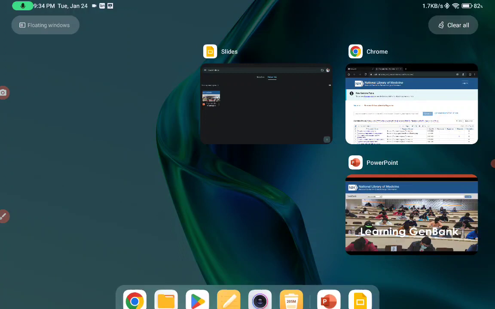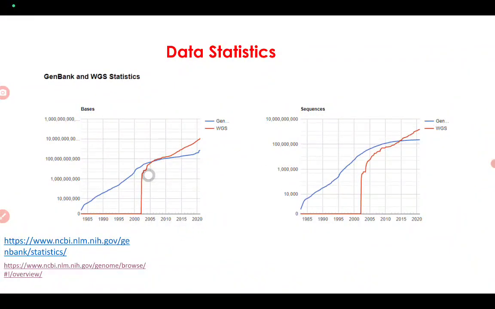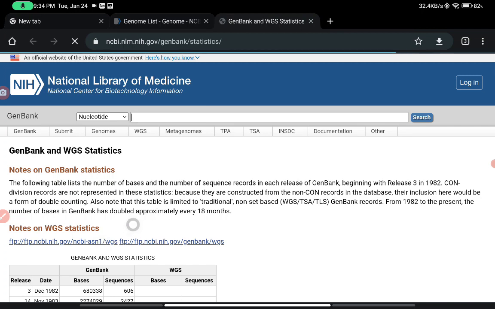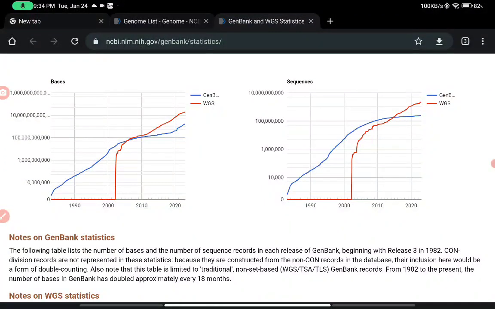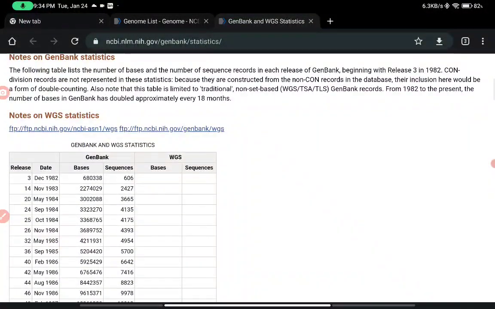Other than that, if I want to focus on this particular data, meaning how many whole genome sequencing projects have been done, you can click on this and see this graph, which is the same graph I showed in our slides. After that you can see the numbers.